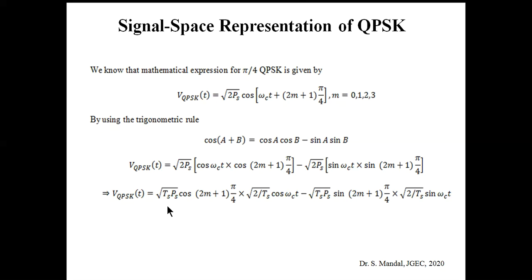So what we have done is multiply and divide by Ts, the symbol interval, in the equation, like Ts into Ps, and we divide by Ts as 2 by Ts. So we expressed the equation this way: root(Ts Ps) cos((2m plus 1) pi by 4) into root(2 by Ts) cos omega_c t, minus root(Ts Ps) sin((2m plus 1) pi by 4) into root(2 by Ts) sin omega_c t.